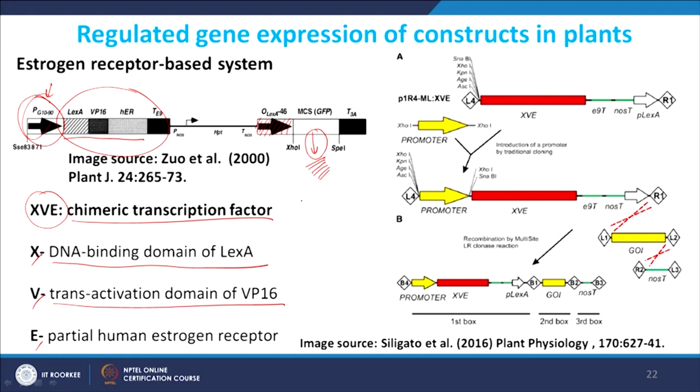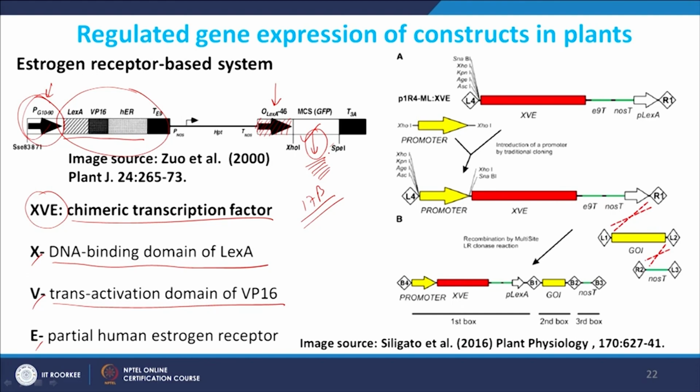But when you treat with 17 beta estradiol, this artificial protein will go and bind to the binding site here, and the transactivation domain of this transcription factor will activate the gene which is cloned downstream of it, and this can be used even for non-transcription factor kind of proteins.